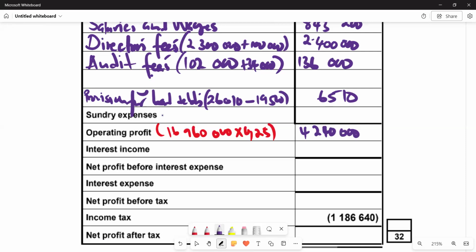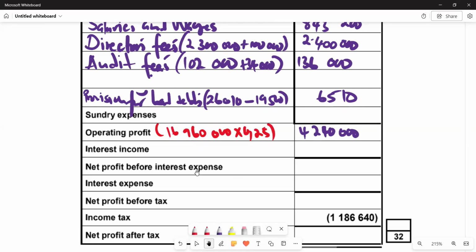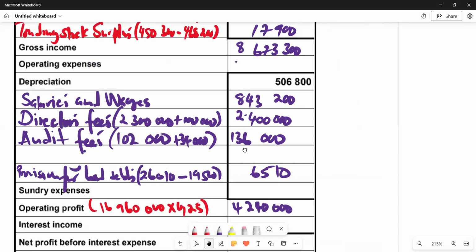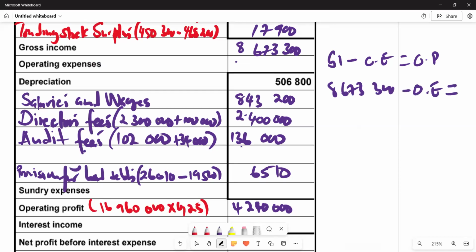So we can find the figure for operating expenses by saying our gross income minus operating expenses will give you the operating profit, of which our gross income is 8,673,300. My operating expenses, which we don't have, is equal to operating profit, which is 4,240,000.